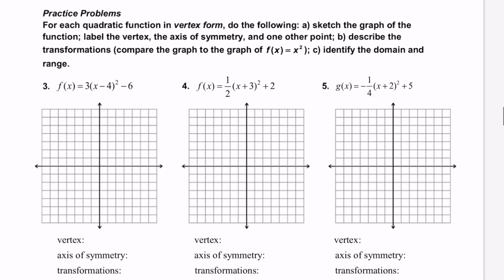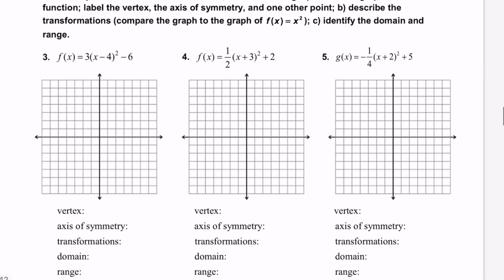So we're going to start by sketching a graph of the function. We want to start by shifting our graph. The number in parentheses does the opposite of what you think it's going to do. So I have a -4, that's going to go to a +4, and then the -6 here is your up and down value.